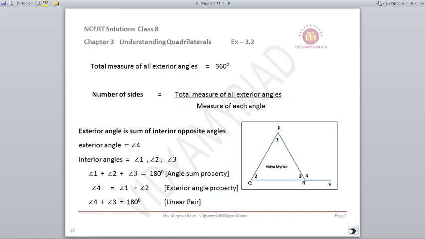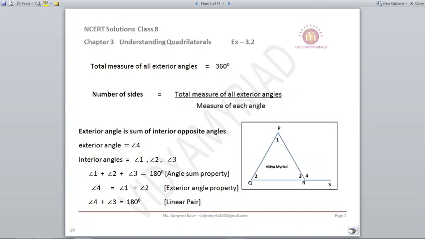Now, if you look at the diagram, you have the triangle PQR and there is one angle outside which is named as 4. This 4 is known as an exterior angle, and the angles 1, 2 and 3 form the interior angles.